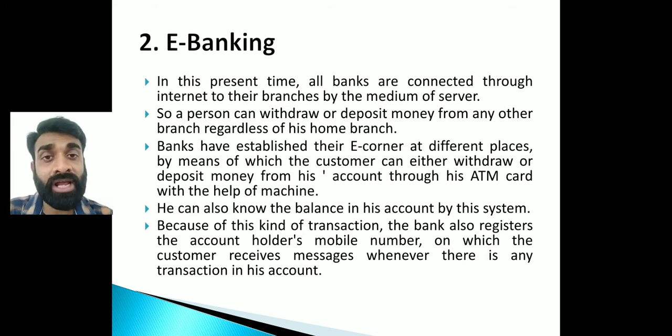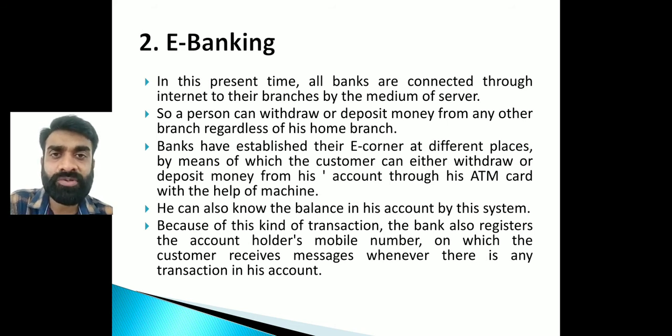With a single click in your hand, you can pay bills, right? Banks develop mobile banking apps, right? With the ATM card, you can deposit money, withdraw money, demand a statement for your account, and know the balance of your account.